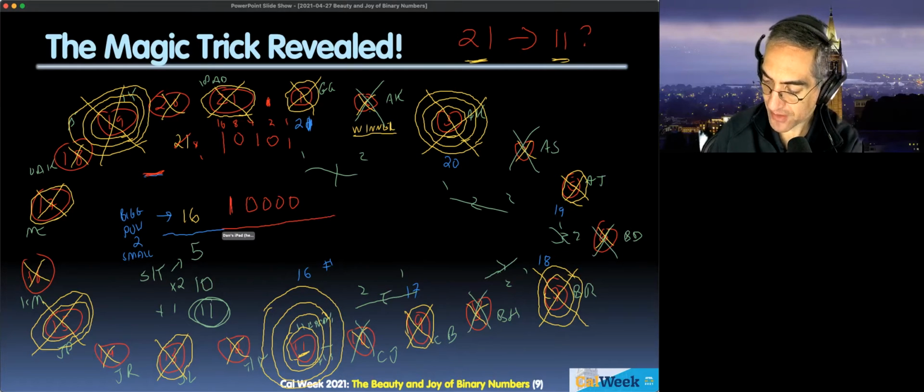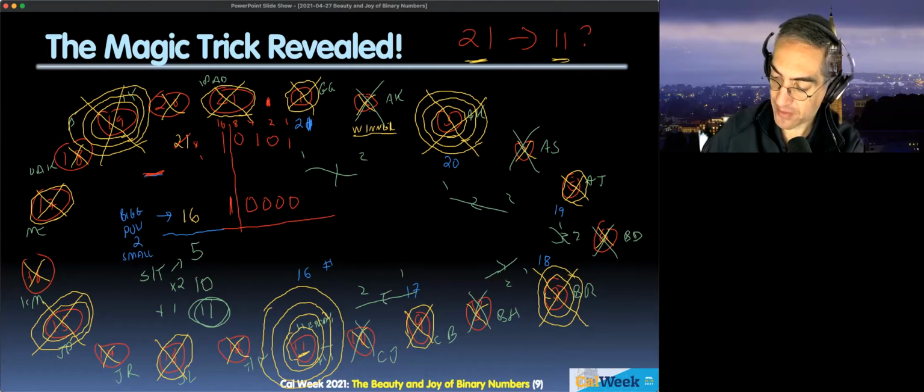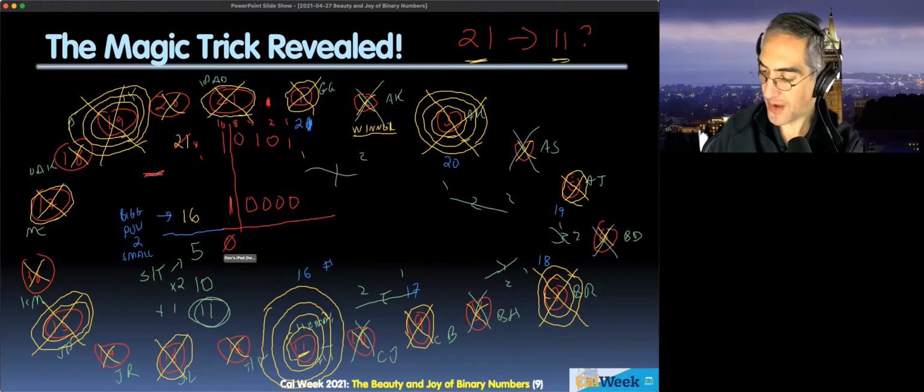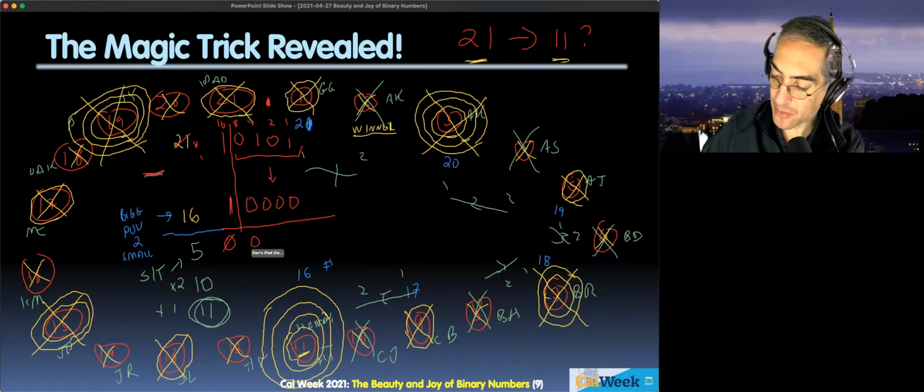Watch what happens. 1 minus 1. All I'm doing is subtracting this 1 here. This goes to 0. You agree with that? And I keep all of the remaining ones, minus 0, they all stay the same. So all I'm basically doing is taking off the topmost bit.